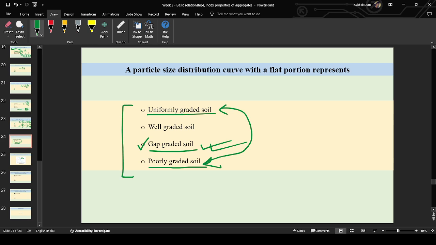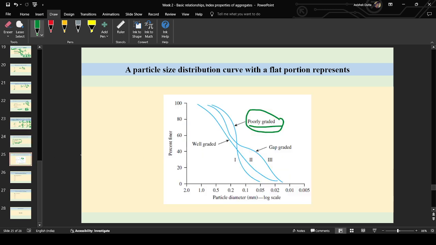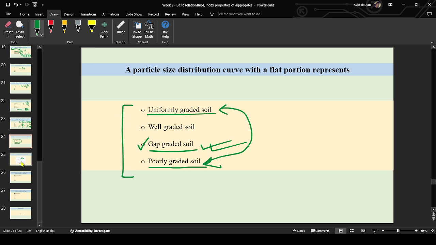But since gap graded soil is not used interchangeably with this, as per my knowledge, and I want a specific answer, I have put this as MCQ.